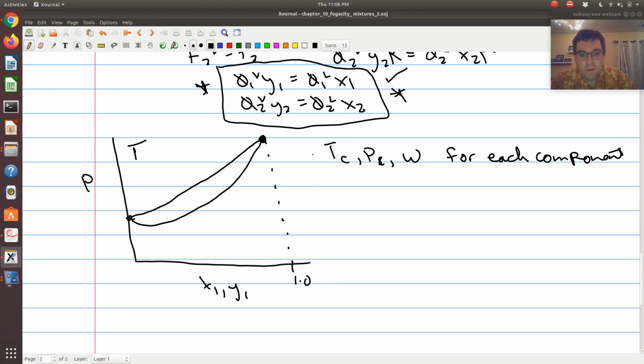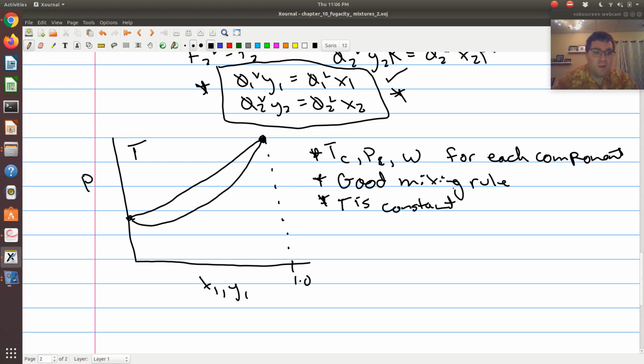So that's piece of the puzzle 1. Piece of the puzzle 2 is you better have a good mixing rule. And then, in this case for pxy, T is constant or fixed. If you had a txy, then P would just be constant or fixed.